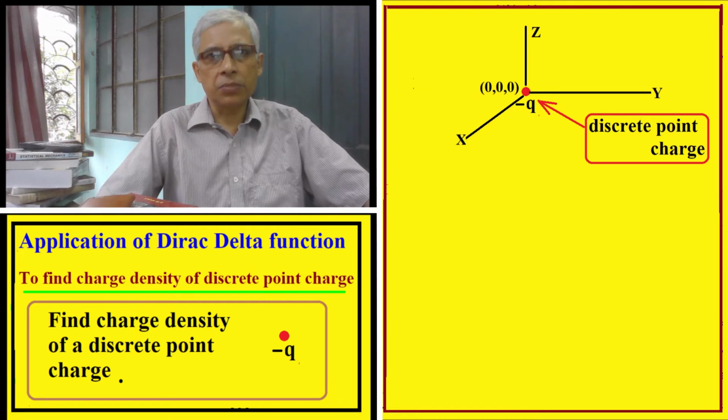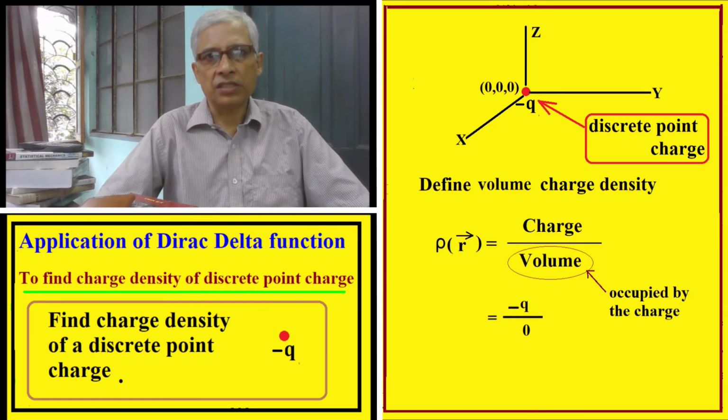Let us for simplicity choose the origin of the coordinate system at the location of minus q. So we have x, y and z axis merging at 0, 0, 0 where minus q is located. Let us define the volume charge density rho of vector r as the total charge divided by the volume that the charge occupies.